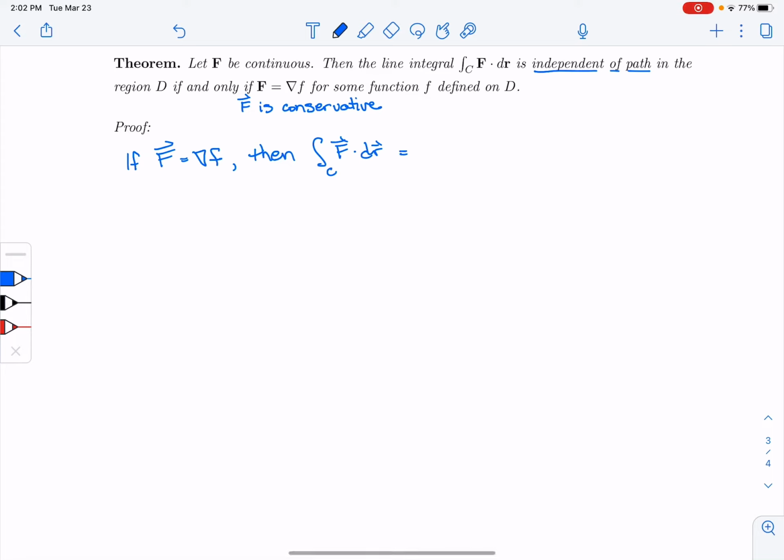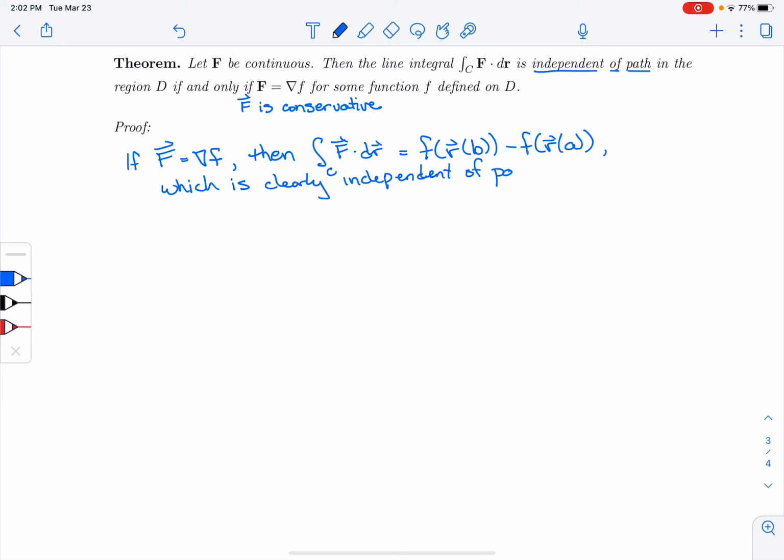In fact, it is independent of path because we can apply the fundamental theorem for line integrals. And that is clearly independent of path, because it just depends on the endpoint.